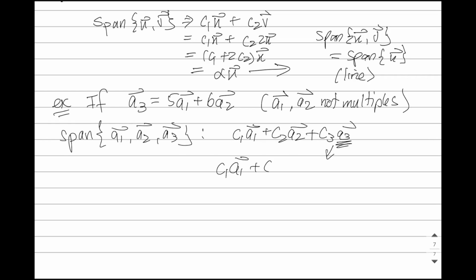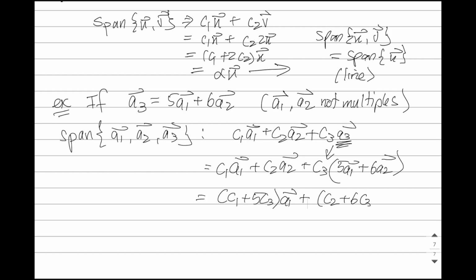This expression is c1a1, and then I can combine things in this way, but I now get to substitute this in. And because of that, I can once again group together all the bits with the a1, and I can group together all the bits with the a2. And this is some constant and this is some constant. So I just get an alpha a1 and a beta a2.